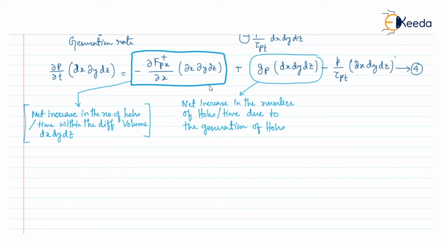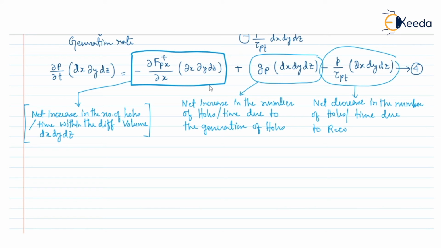Similarly, this third term will give the net decrease in the number of holes per unit time due to recombination.